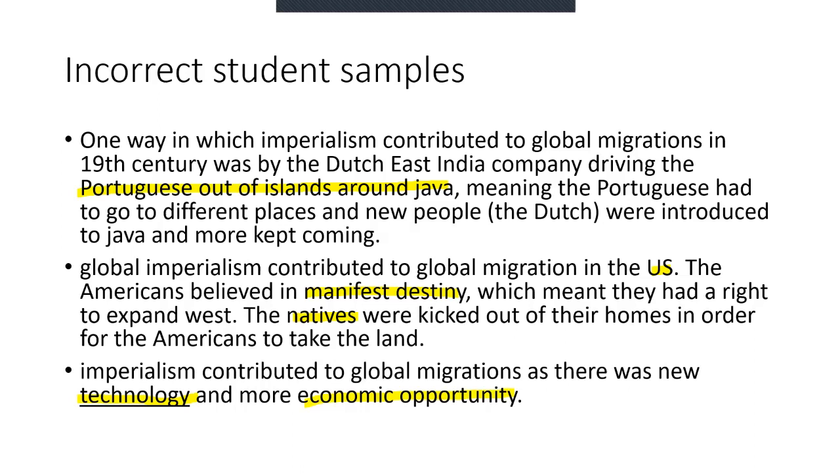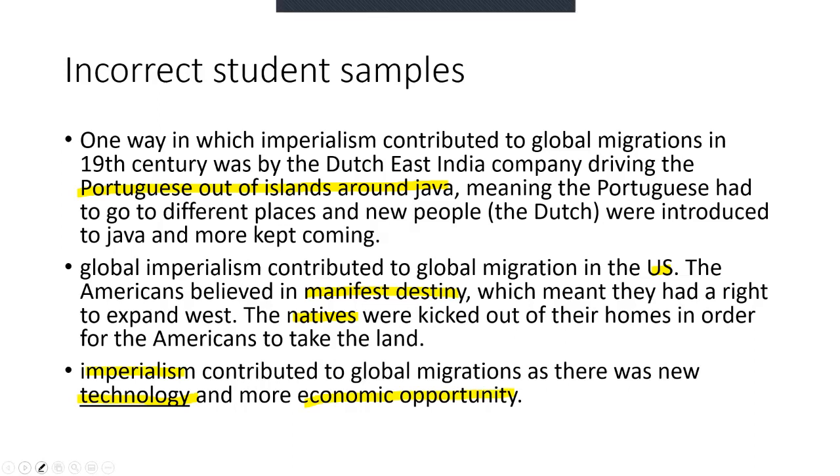And I'm going to argue with you that that is not what the question is asking, right? And if you go back to the previous one, all of those are arguing that these are the forces of imperialism. I think you could slide in technological improvements that also helped facilitate global migration.